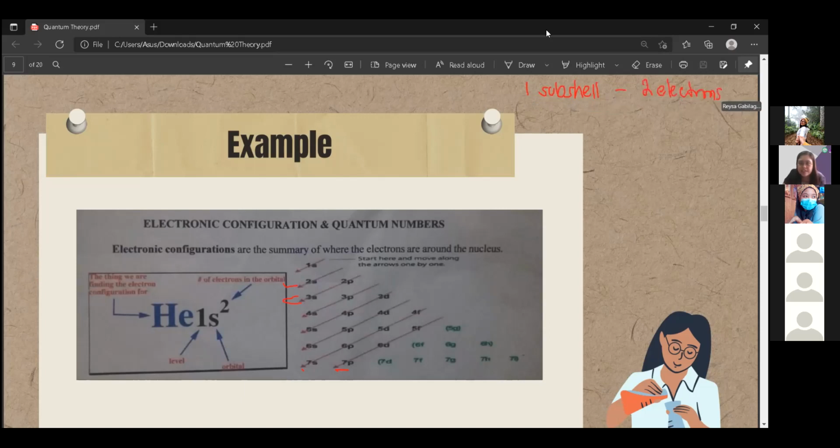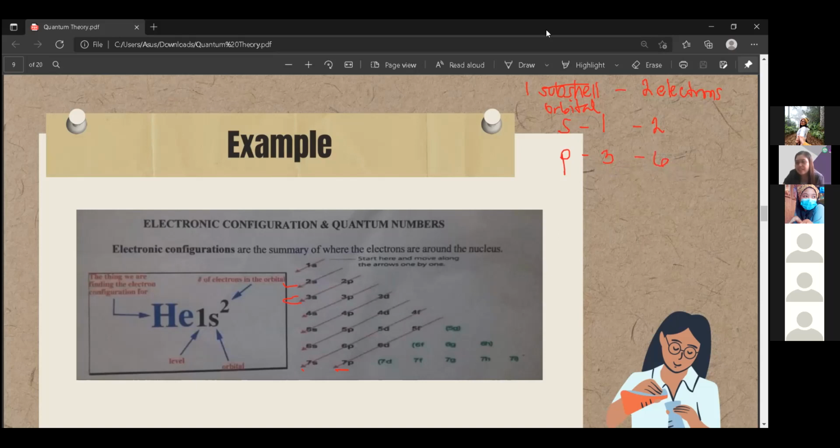For S, meron siyang isang orbital, so dalawang electrons lang talaga ang kaya niyang ma-accommodate. Pero sa P subshell class, meron siyang tatlong orbitals, bawat isa sa kanila can accommodate 2 electrons. So 3 times 2, this is a total of 6.